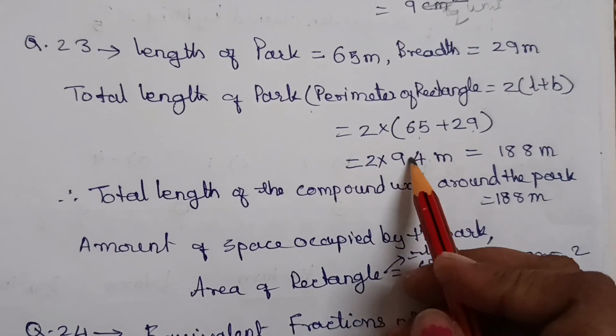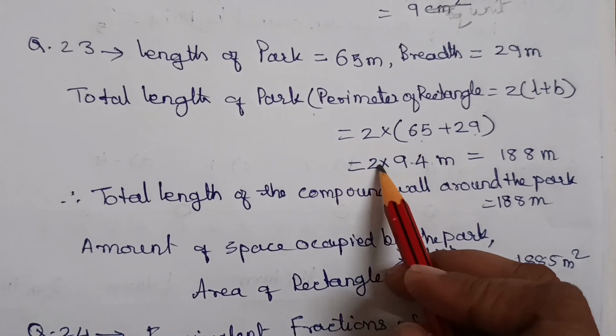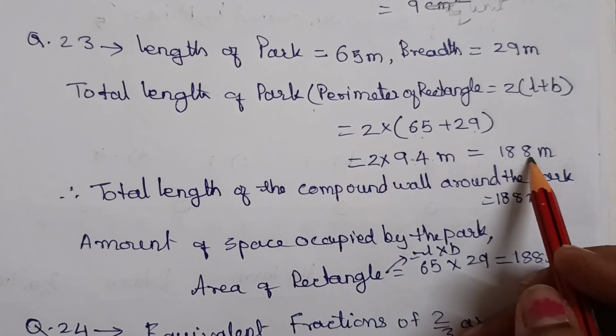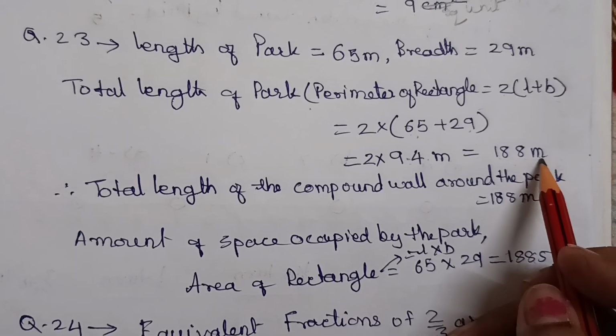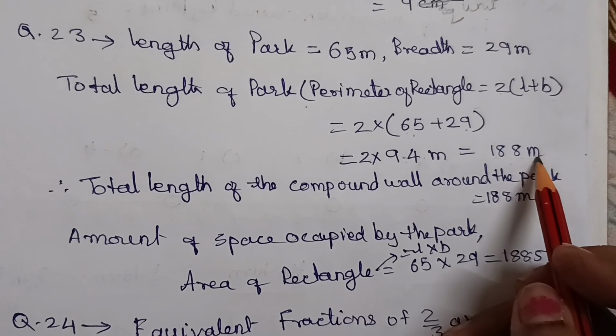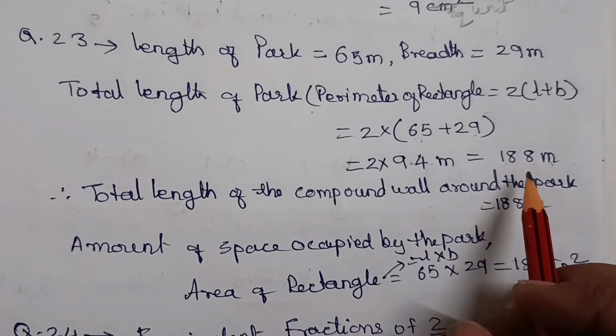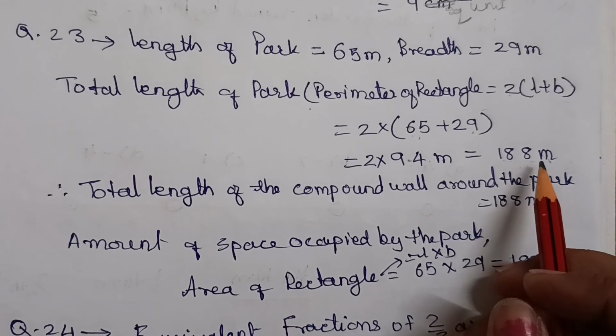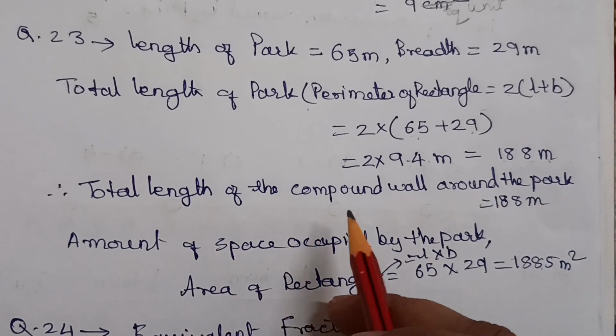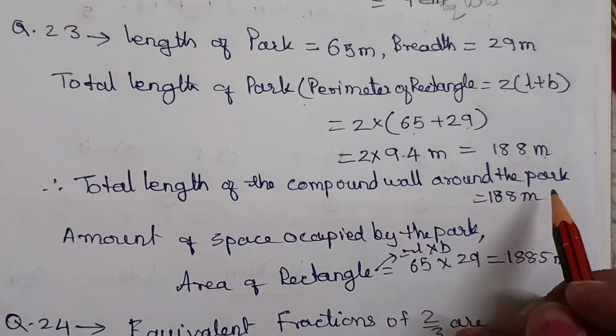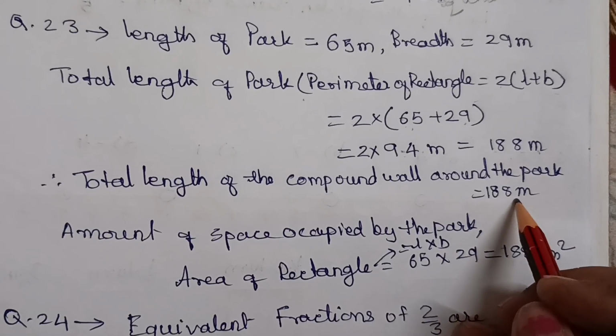So 65 plus 29 is 94. So 2 into 94 is 188 meters. So the perimeter of the rectangle is 188 meter. Therefore, the total length of the compound wall around the park is 188 meter.